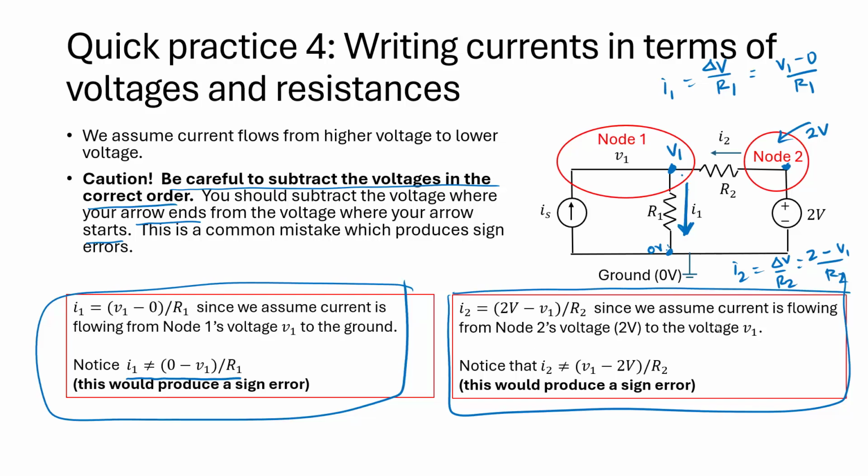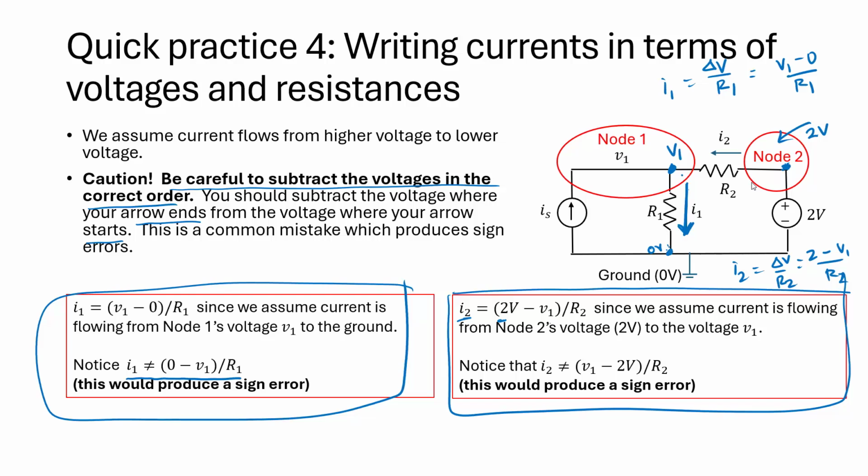We assume current is flowing from node 2 into voltage V1, so therefore we're inherently assuming that node 2 is at the higher voltage, therefore we subtract 2 volts minus V1 over R2 to get I2. So be careful, once again, if we said I2 was V1 minus 2 volts, that would have been assuming the current was flowing the other way, which is not what we want.